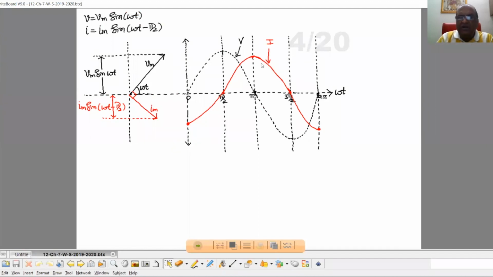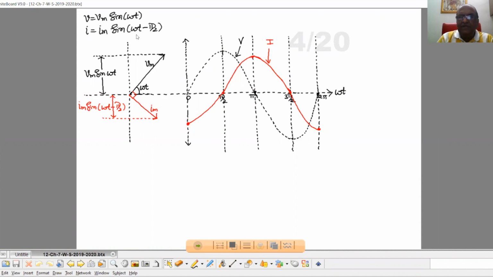But for current, at time t equal to 0, Im sin of minus pi by 2, and sin of minus pi by 2 is minus 1. So I equals minus Im. So your current will be this much at time t equal to 0.